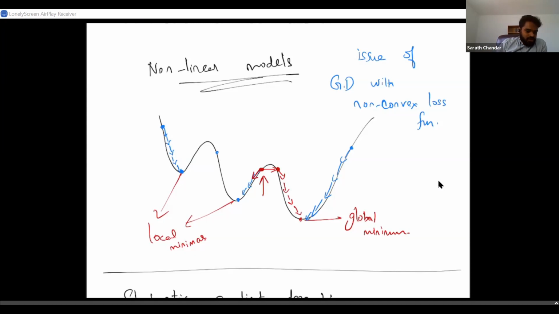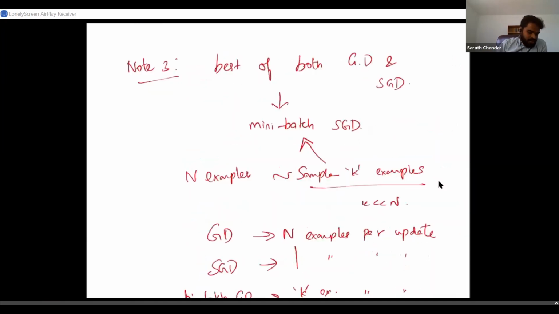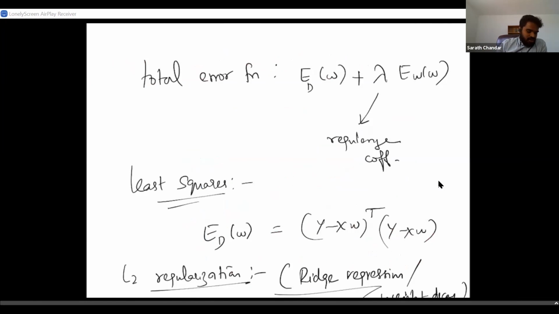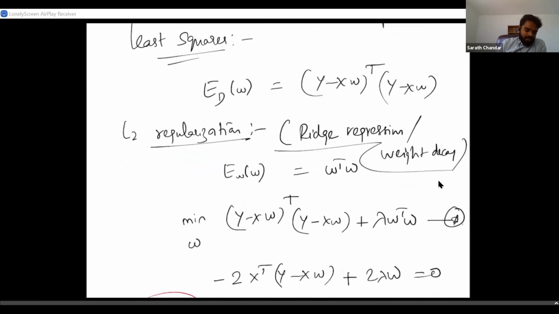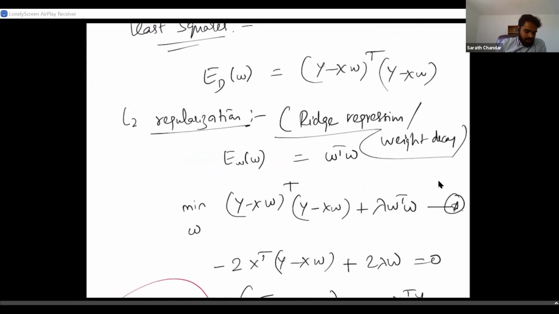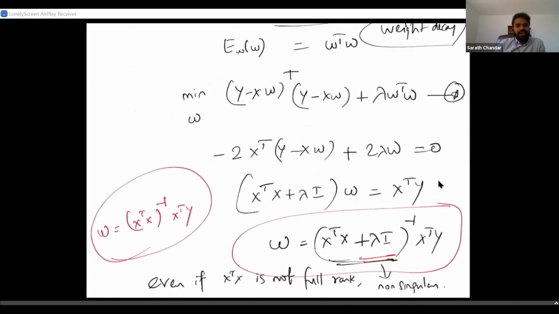Then we started looking at L2 regularization, which is also known as ridge regularization, ridge regression, or weight decay. We derived the closed form solution for L2 regularization and found that it adds lambda times I, the identity matrix, to X transpose X. What does this mean?